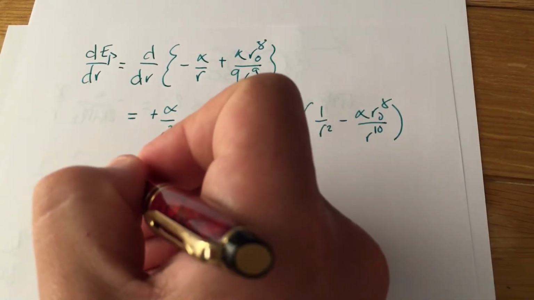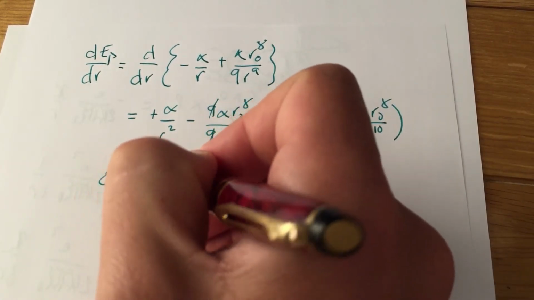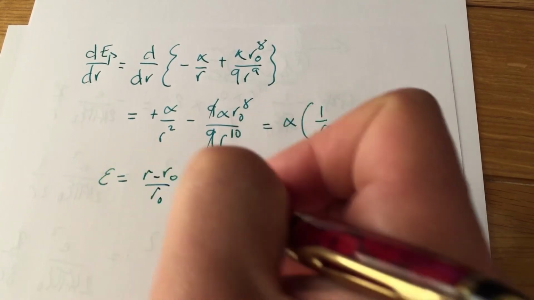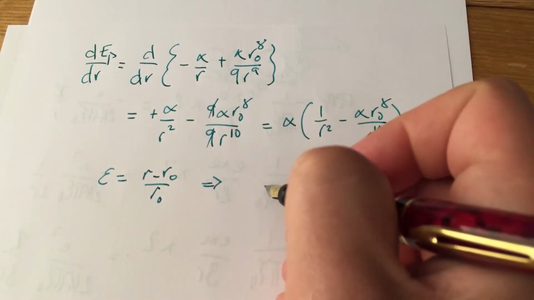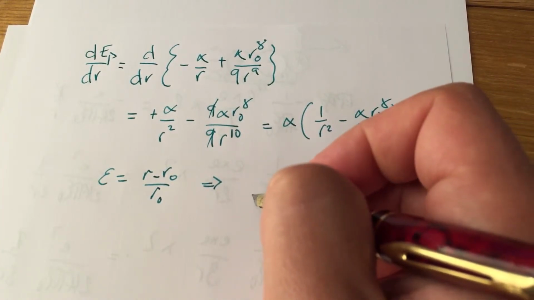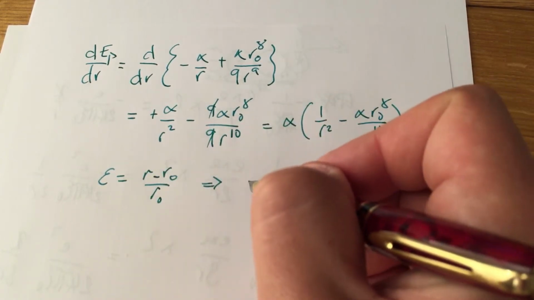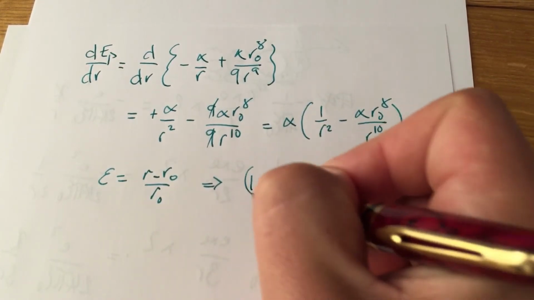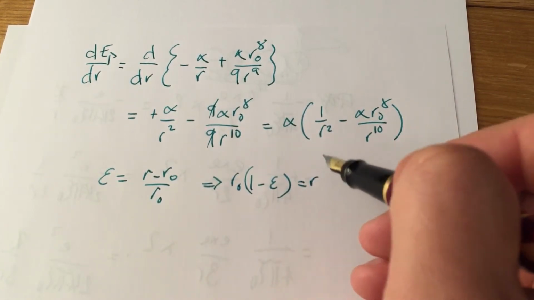Right, but what do we have for the strain, as I suggested? The strain is r minus r naught over r naught, thereby giving us an expression for r naught. So multiply through, it's going to be 1 minus eta r naught is r, I believe, is that right?